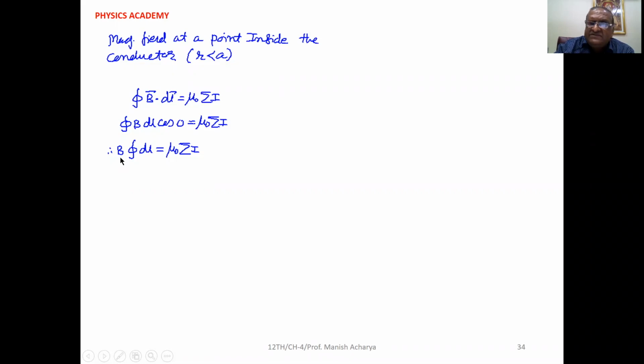That is equal to mu 0 sigma I. B is the same everywhere on the circumference of the Amperian loop, so it is taken outside the integration. B integration dl is equal to mu 0 sigma I. Now the important thing is to find out sigma I, the net current passing through the Amperian loop.